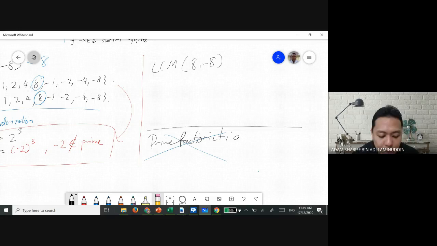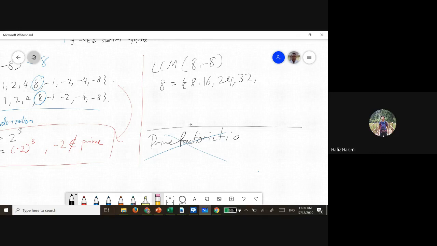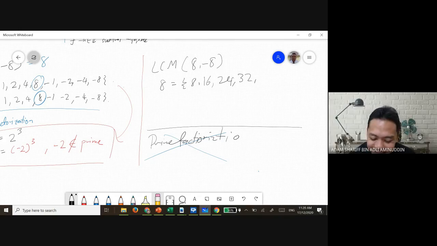Cuba tengok kalau kita guna cara lama. 8, what is the multiples of 8? 8 kali 2, 16, 24, 32. 8 kali 5, 40. Okey, negatif 8 pula. Apakah multiple negatif 8? Yang ni yang student confuse.